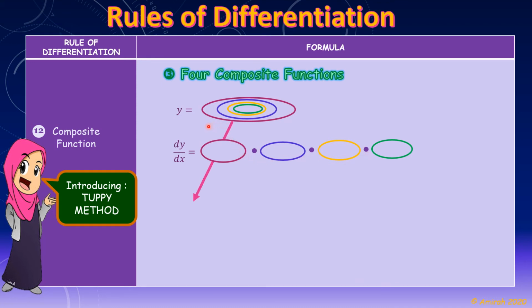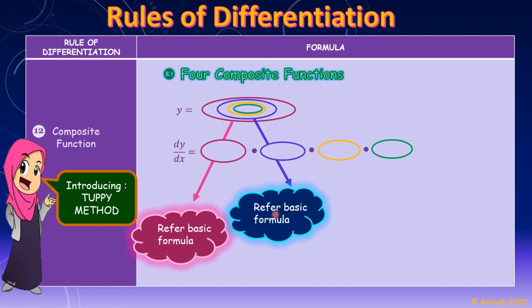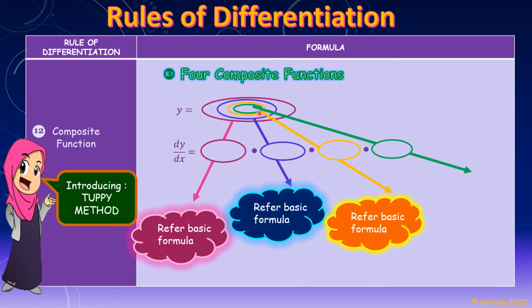For the outer circle, to differentiate the function inside the outer circle, we can refer to the basic formula. Then for the function inside the blue circle, we refer to the basic formula related to the function in the blue circle. To differentiate the function inside the yellow circle, we refer to the basic formula related to the function in the yellow circle.